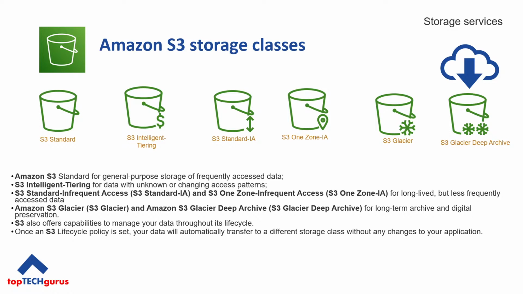If you look at the rightmost one, S3 Glacier Deep Archive, this is storage where, if you want to retrieve a file, you may not immediately get it. You might have to wait a few hours to a day to get that information. You're not going to lose that information, but it might just be on a tape which is not immediately connected.